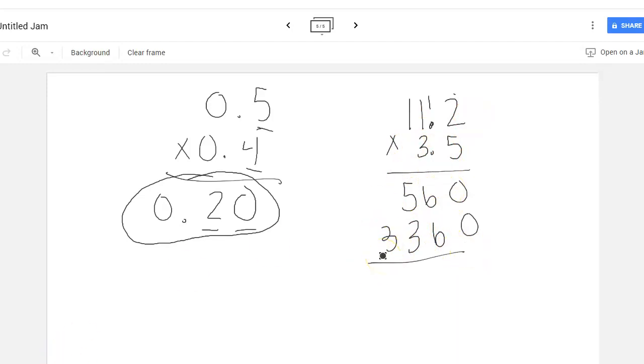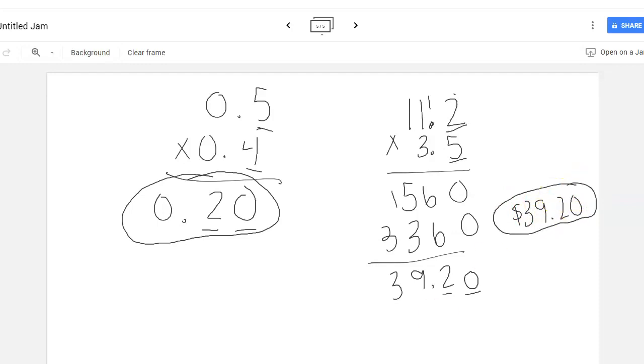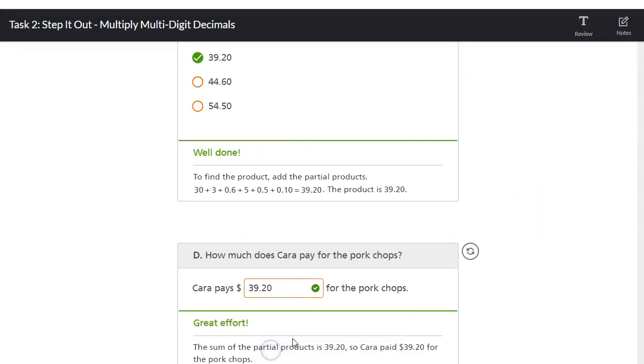Then we're going to add them up like normal, so we get 0. 6 plus 6 is 12. 5, 6, 7, 8, 9. And we get a 3. I have 2 spots after my decimal, so I'm going to put 2 spots. So I feel like this could have been easier for you because we still got $39.20, just like we did over here.